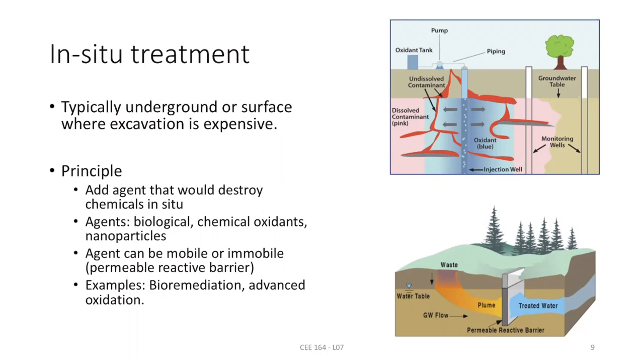And zero valent iron is just one nanoparticle. The newer technology is people are adding activated carbon. So you have very fine carbon particles, 100 nanometers or lower, and you are pumping them at high pressure. They will deposit on the fractures, and that's how they can capture a lot of pollutants.